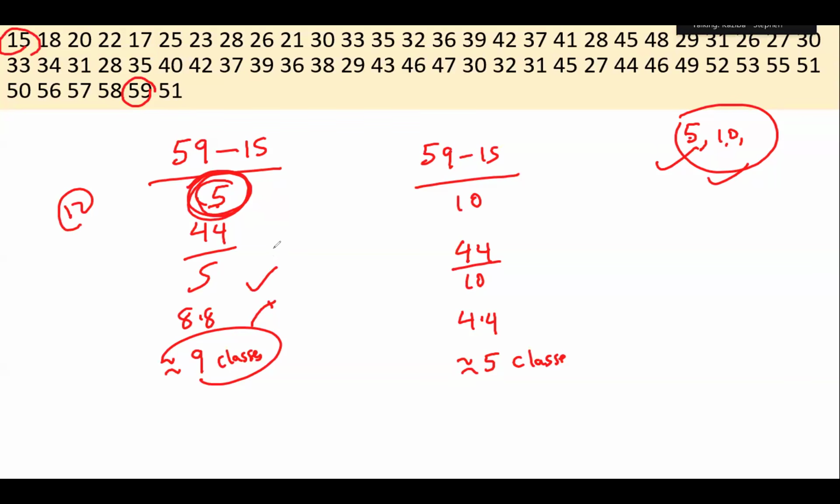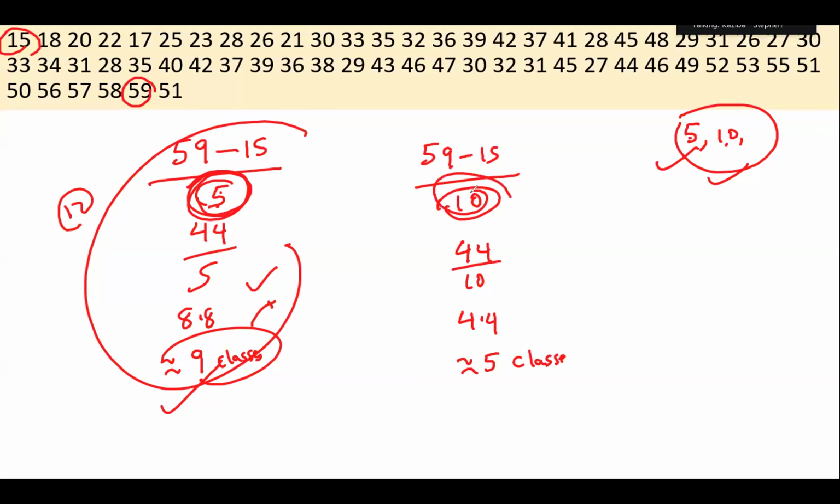Because smaller class intervals always yield consistent values. They are more accurate than when you have a bigger class width but with very few classes. So someone who uses 5 and has 9 classes is very accurate compared to someone who uses 10 with only 5 classes.